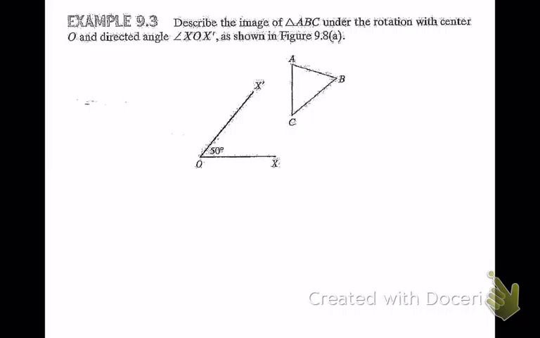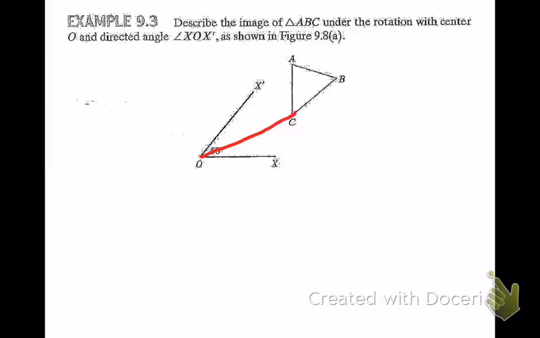So what you do is you draw a line from O to C, and then with your protractor, you're going to measure on the line OC.